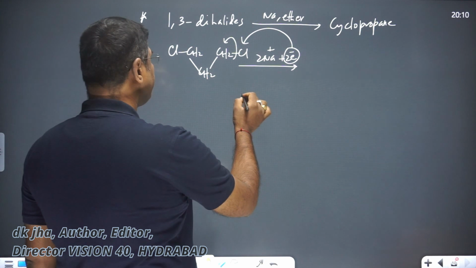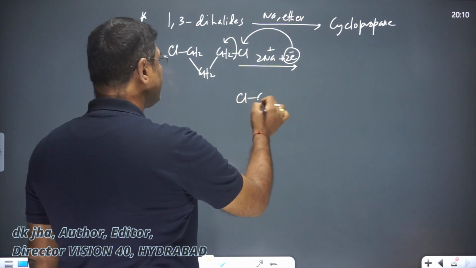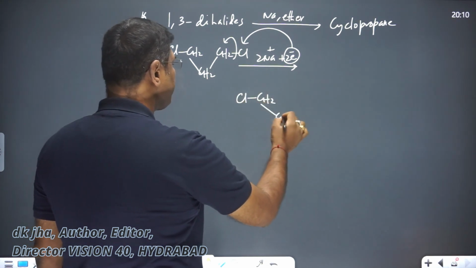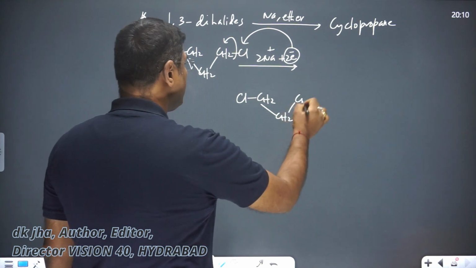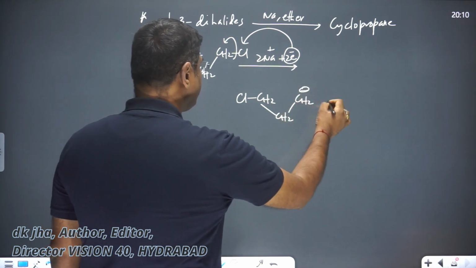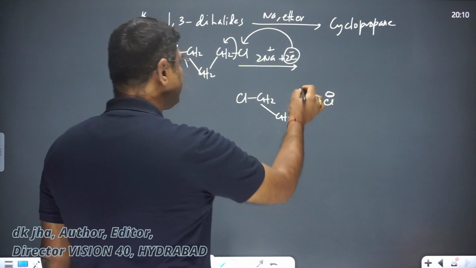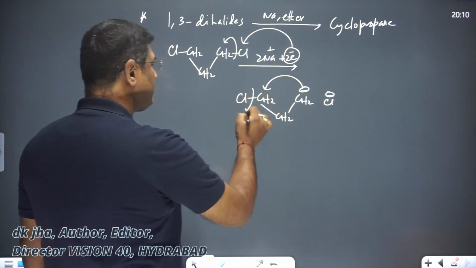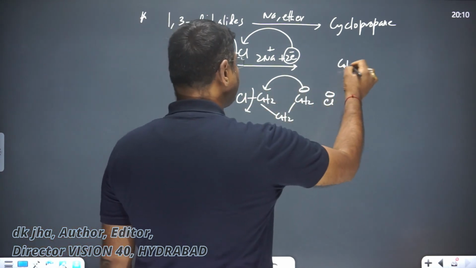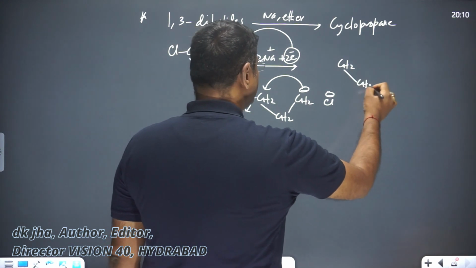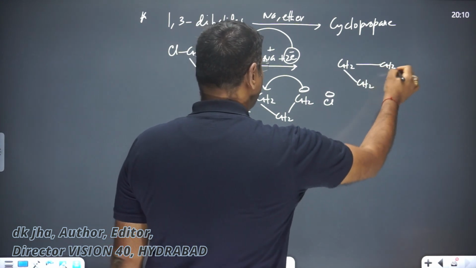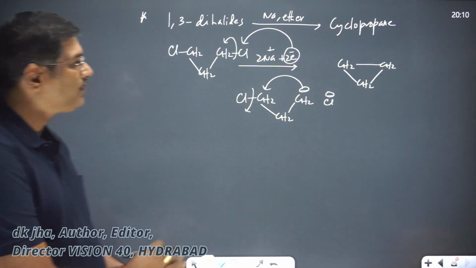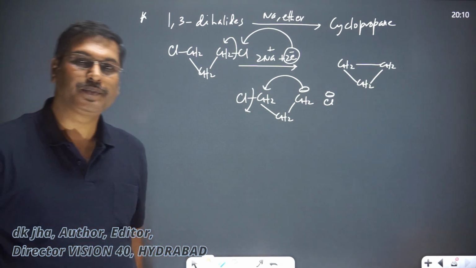You get Cl-CH2 minus and Cl minus. This will attack at the third place, and the product is cyclopropane. Yes, that's the product.